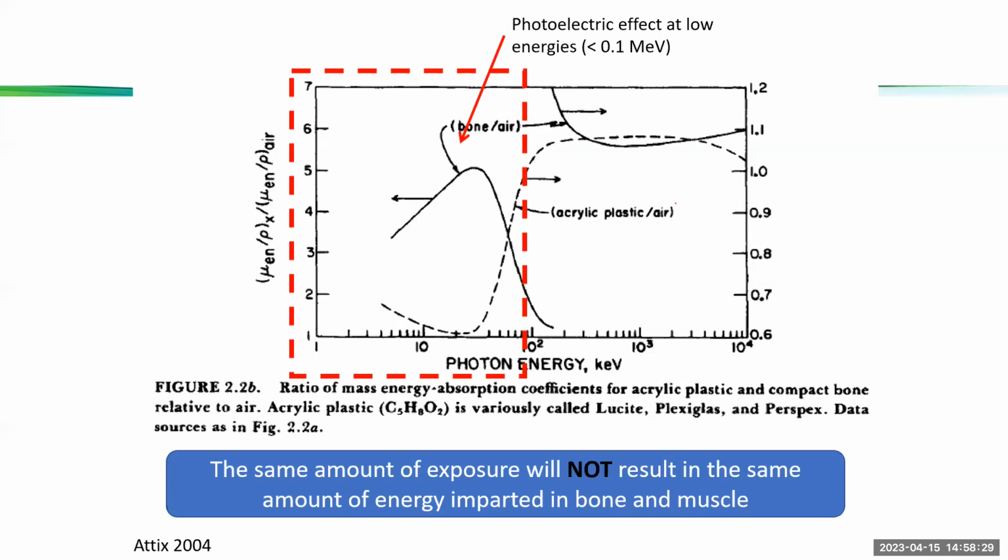So the same amount of exposure will not result in the same amount of energy imparted in the bone and muscle. This is something that we need to take into account when we're doing dosimetry in the diagnostic energy range.